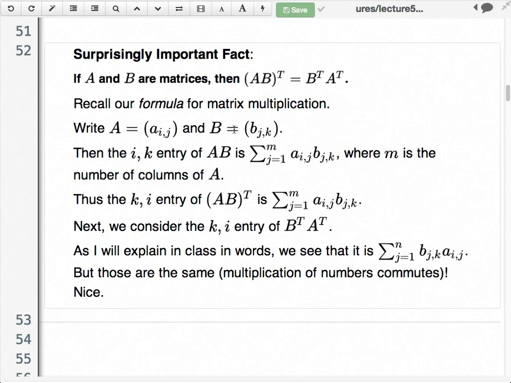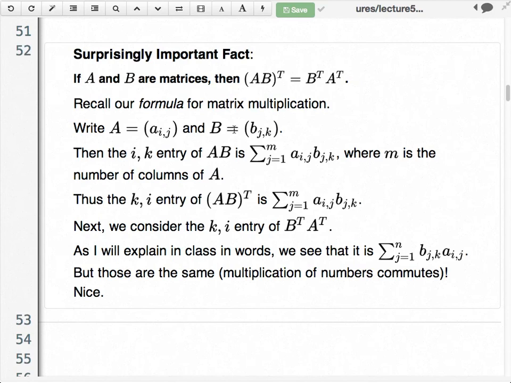So this is going to be the sum, over some variable which we'll call j, going from 1 through m. Now we have to write down the i comma j entry. We're trying to compute the ik entry of this product, so you have to write down the i comma j entry of the left matrix.